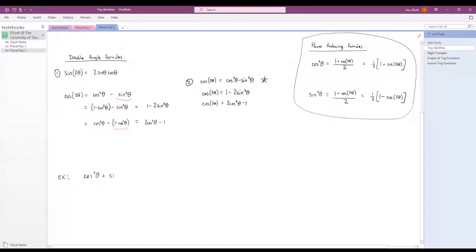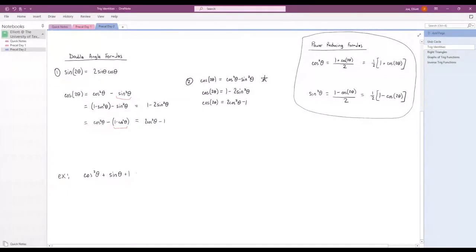So here, let's look at this equation: cosine squared theta plus sine theta plus 1 equals 0. And let's say from this equation, we want to solve for theta. Again, just to keep it simple, let's keep theta between 0 and 2 pi.